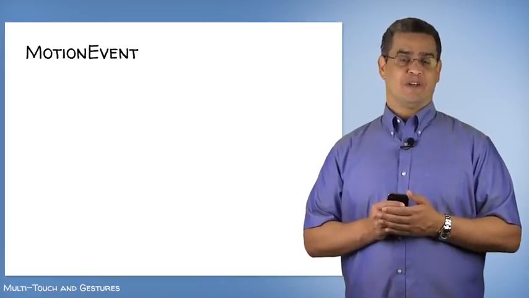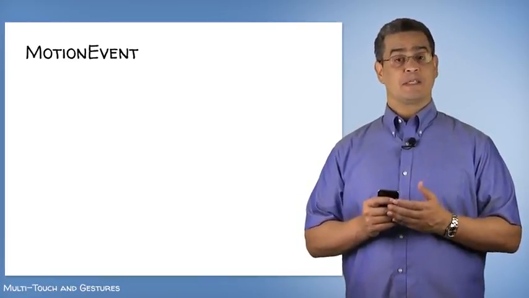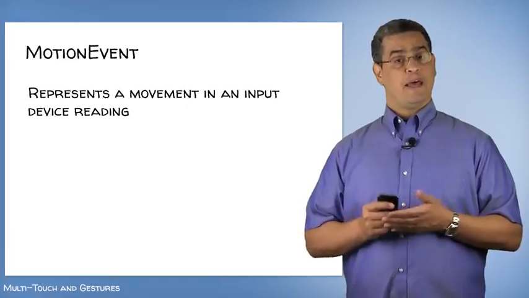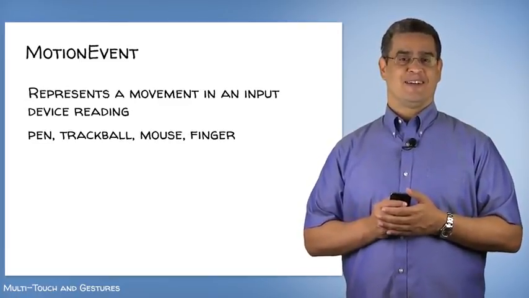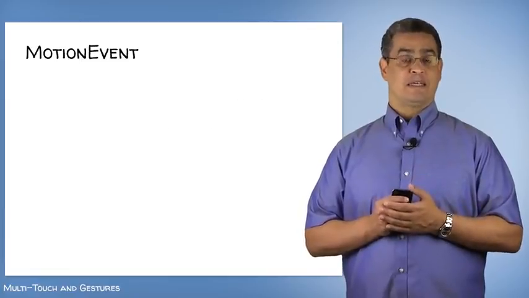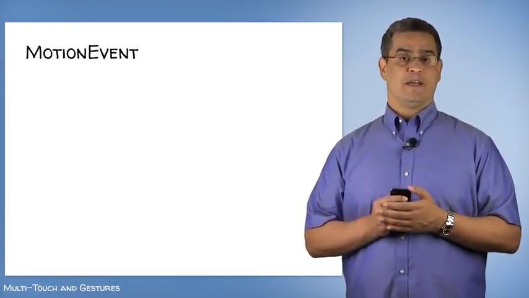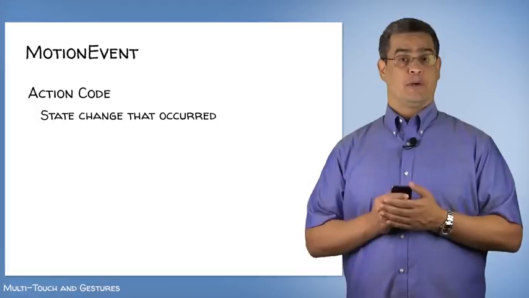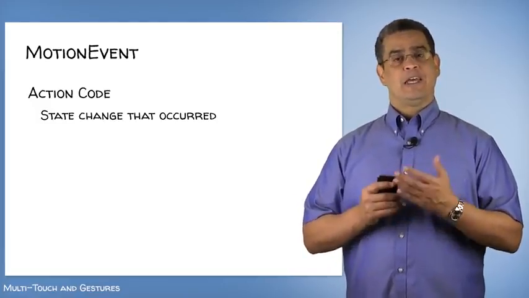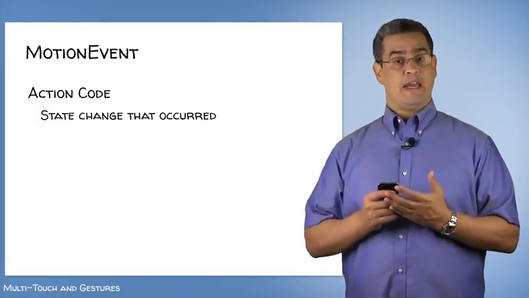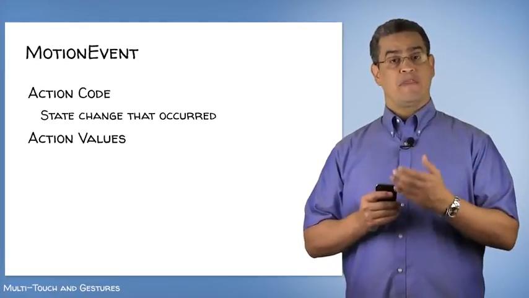Android uses the motion event class to represent movements in an input device, such as a pen, a trackball, a mouse, or your finger. An individual movement event contains several pieces of information. It has an action code, which indicates the kind of motion that has occurred. It also contains a variety of data associated with that motion.